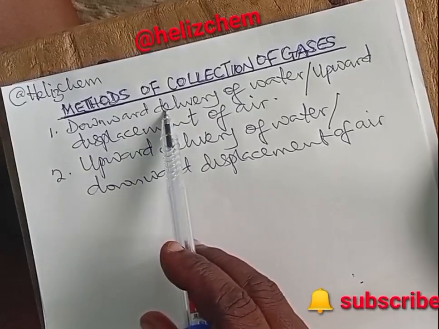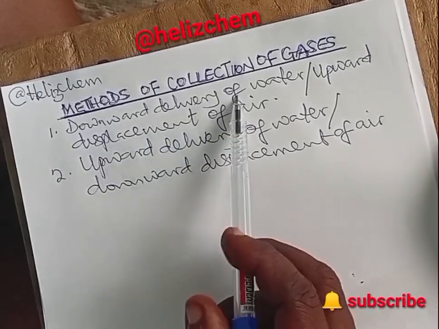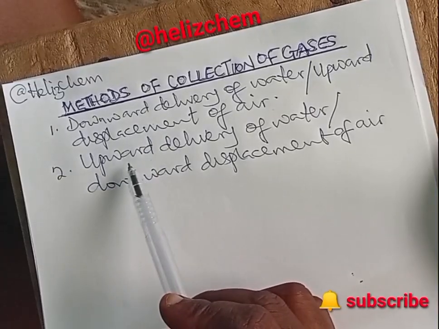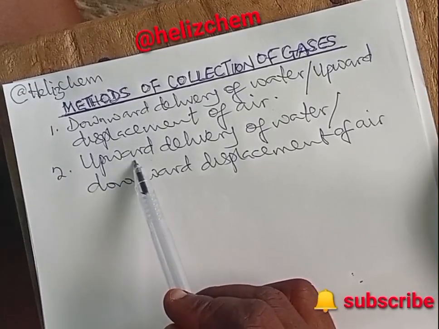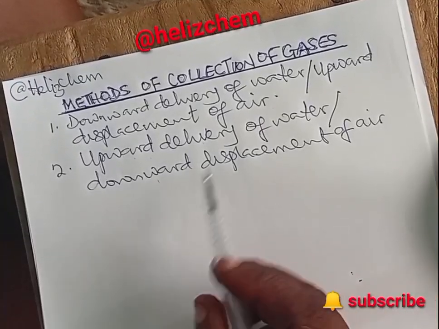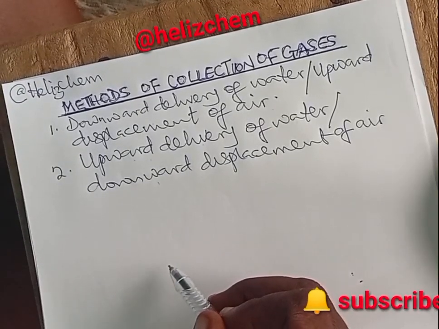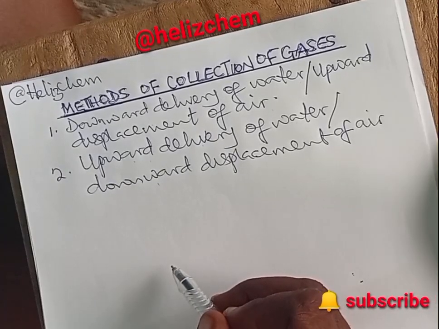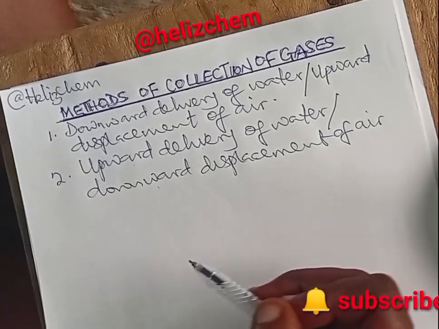But when you look at these two methods, downward delivery of water or upward displacement of air, and the second one, which is upward delivery of water or downward displacement of air, these two methods of gas collection depend on two main factors.